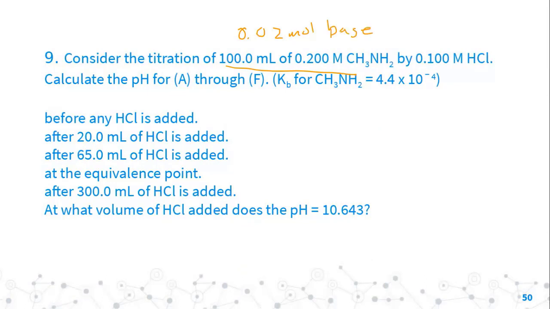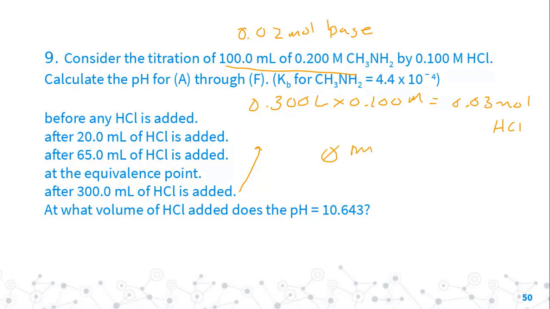Now 300 milliliters is added, so we have 0.300 liters times 0.100 molarity, which is 0.03 moles of HCl as we're adding in. So it looks like this time our limiting reagent is going to be the base, so we're going to have excess of the acid. So we're going to have 0 base.